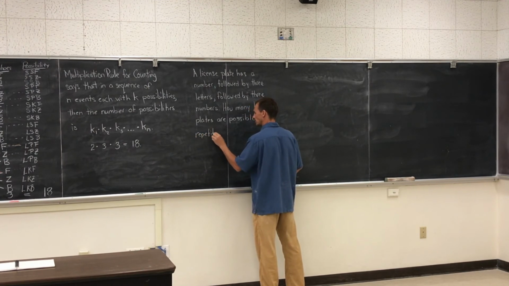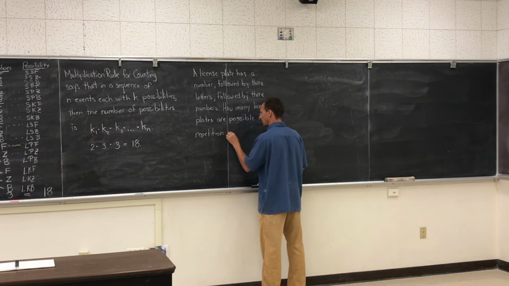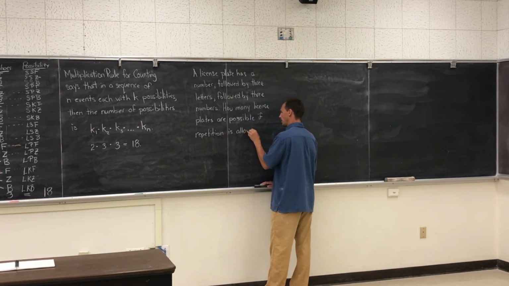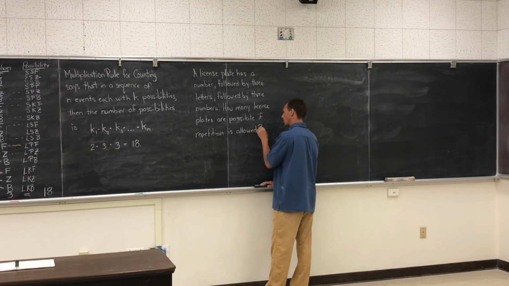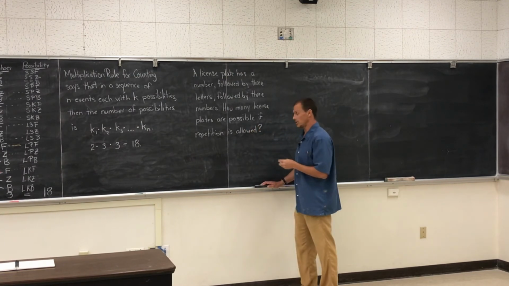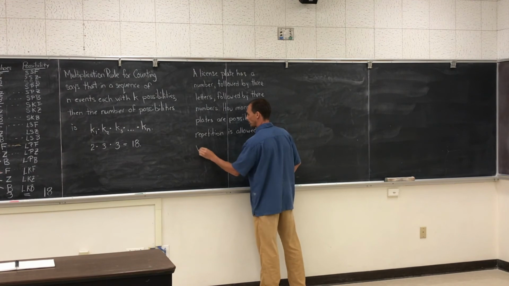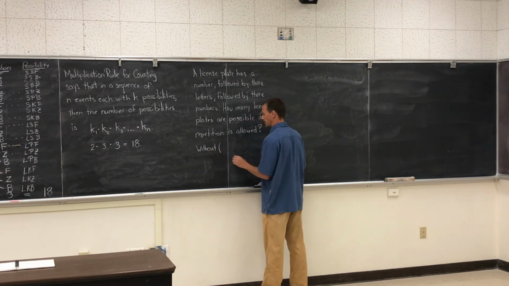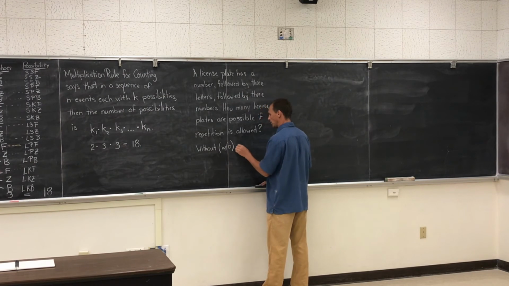Repetition is allowed. Question mark. And the last question, B, would be without repetition. And just so if I need to write that again, I'm going to abbreviate without as W/O. So without repetition.